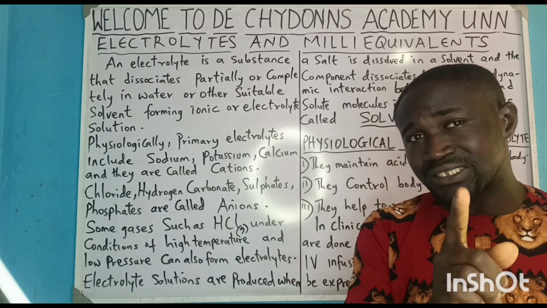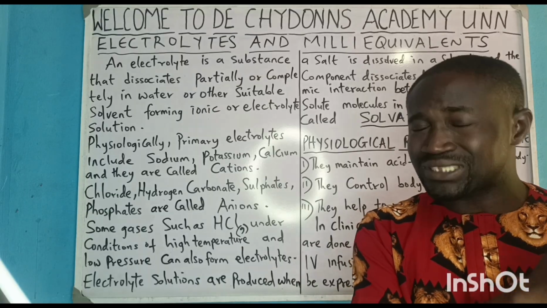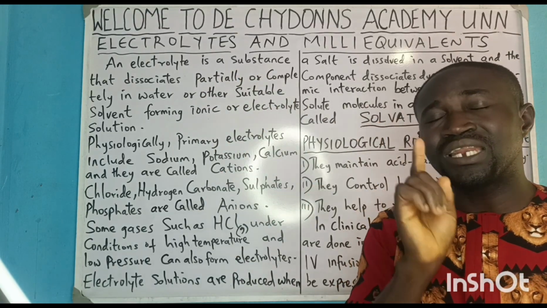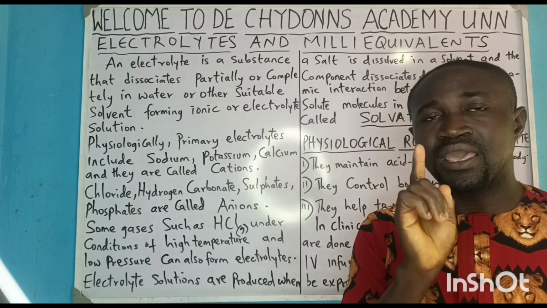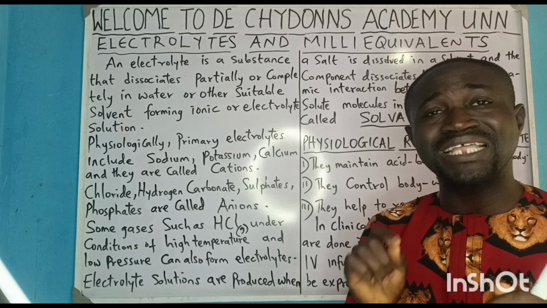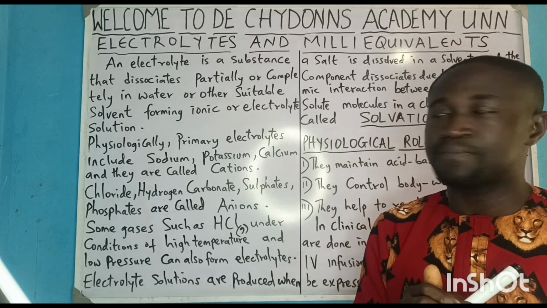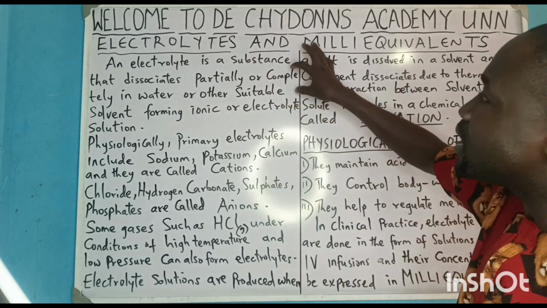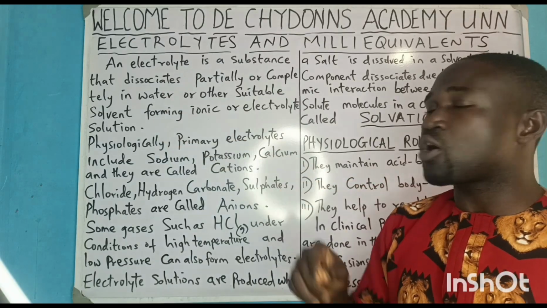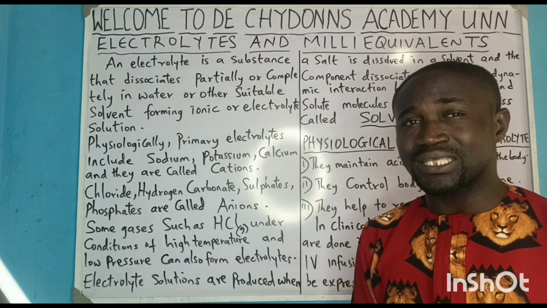Do not forget that the unionized products that the weak electrolytes produce are very important to living organisms. They have high therapeutic effect. Then when the substance dissociates completely in water, we call it strong electrolytes.